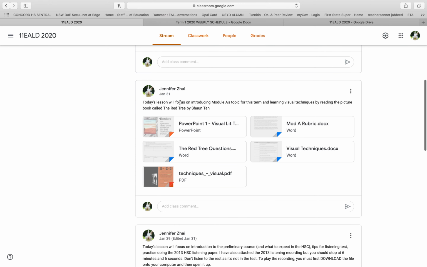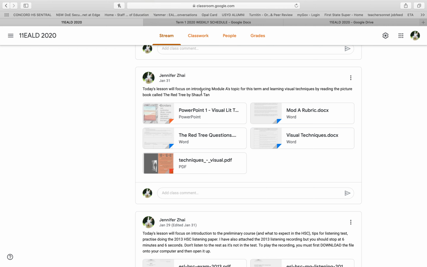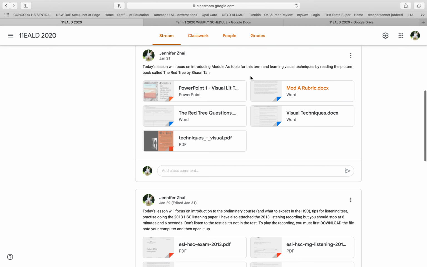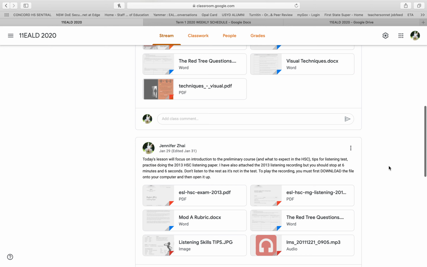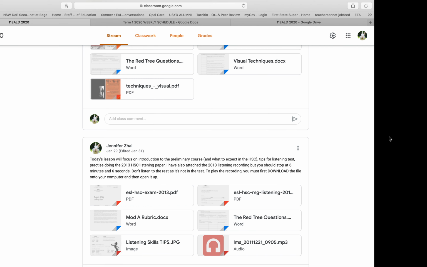And then the second day on Friday, we looked at visual techniques and an introduction to Module A, which is the focus for this term. Okay, so for the purpose of this recording, I'll try and keep it to half an hour, and I will be explaining and breaking down the 2013 HSC listening paper.